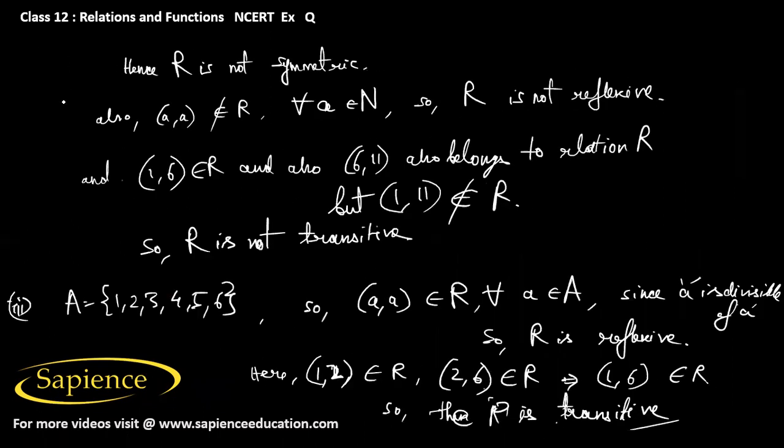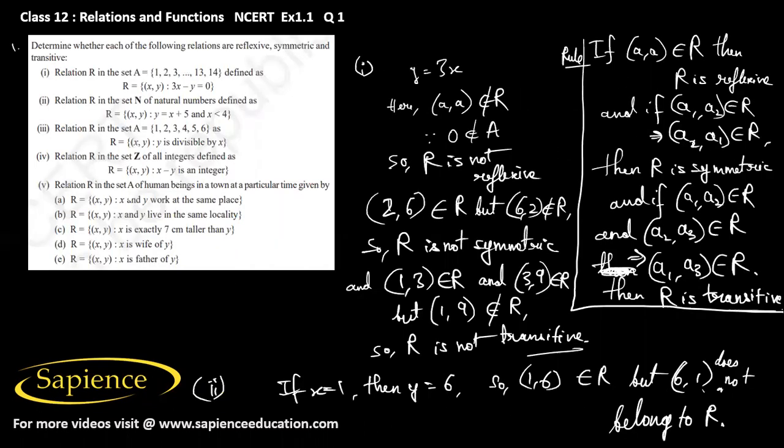And then the fifth one, here it is told that relation R in the set A of human beings in a town at a particular time is given by.